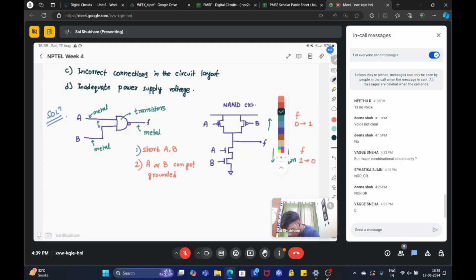For example, suppose B is the input signal we are sending, but due to some manufacturing defect, this position is grounded. So this node will always register 0. No matter what B signal you send, it will always be 0. So the output will always be stuck at 1, because no matter what A is, the NAND output will always be 1. So this is known as a stuck-at fault.